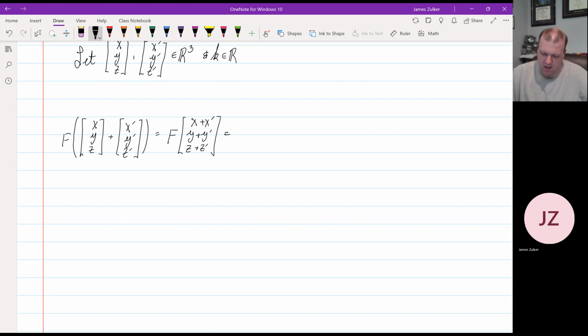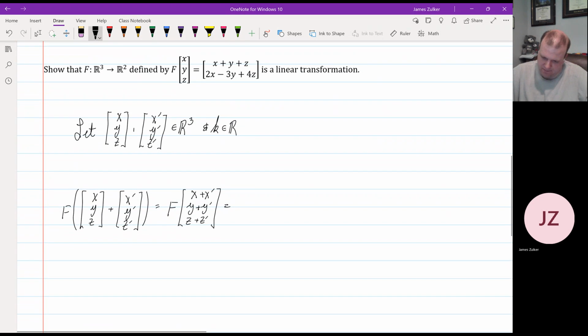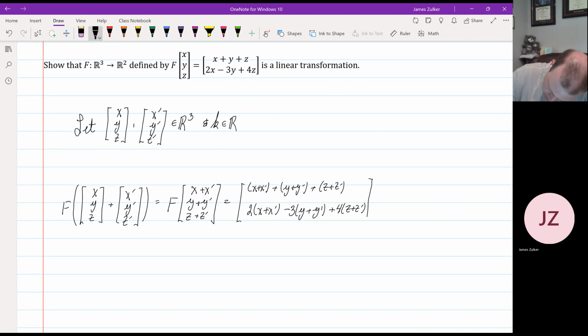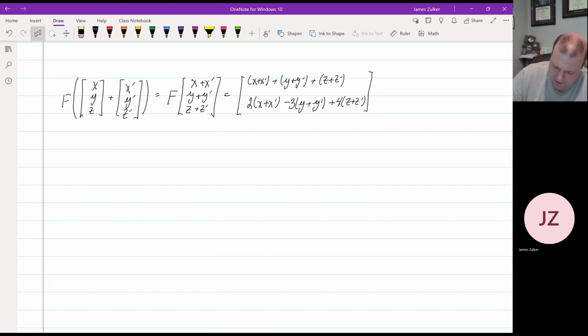And now by definition of F, there's the first component and then the second component. Right, now we just have to simplify everything.